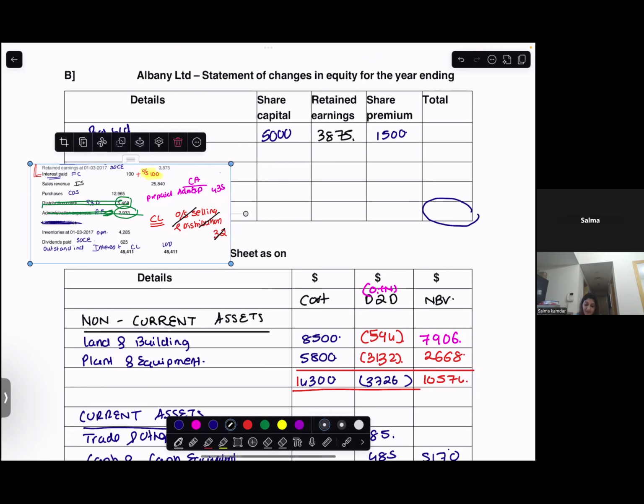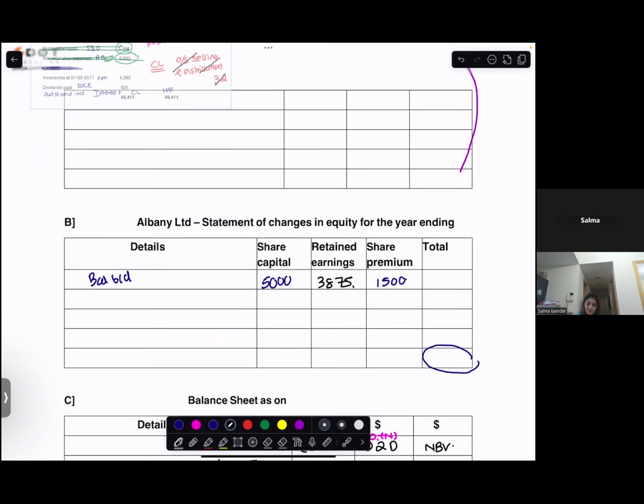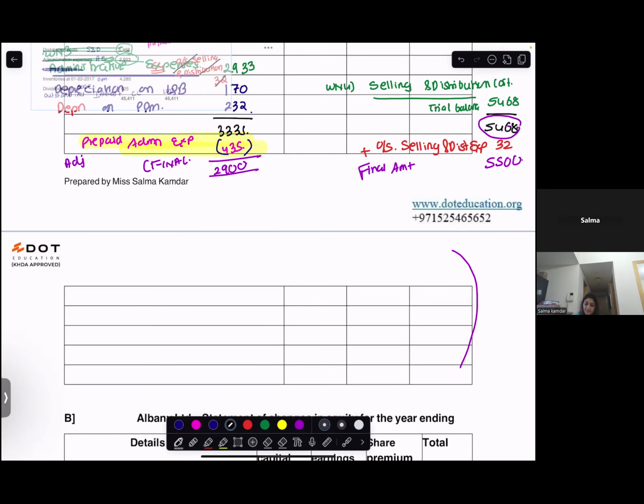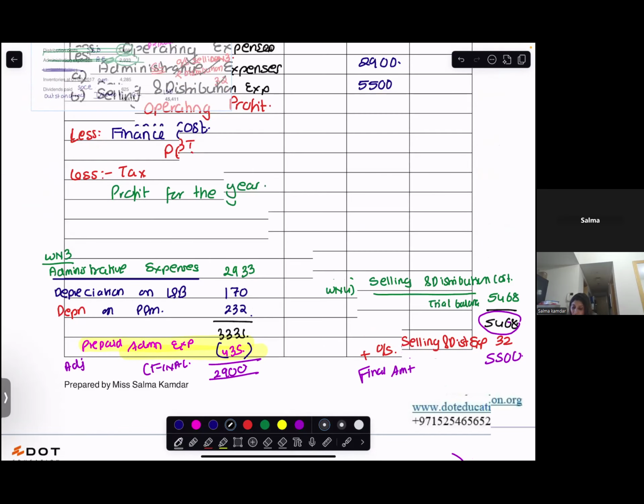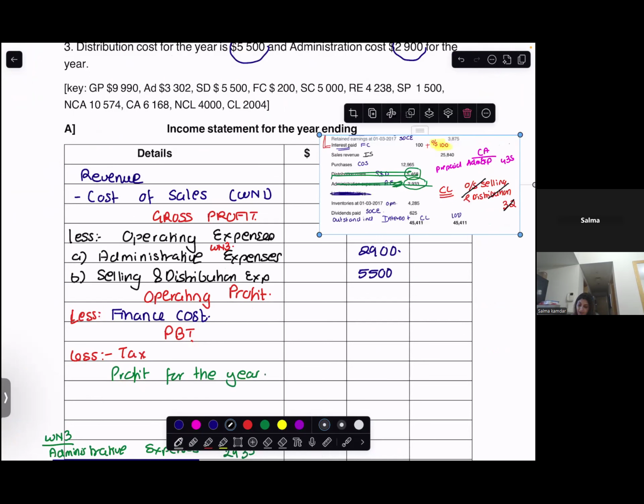Interest paid is finance costs. Take to finance costs 200. It was along with the outstanding.